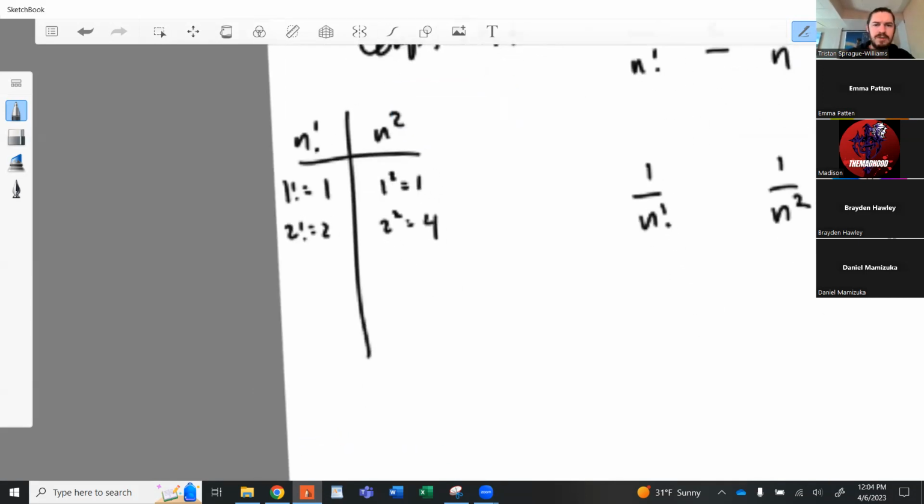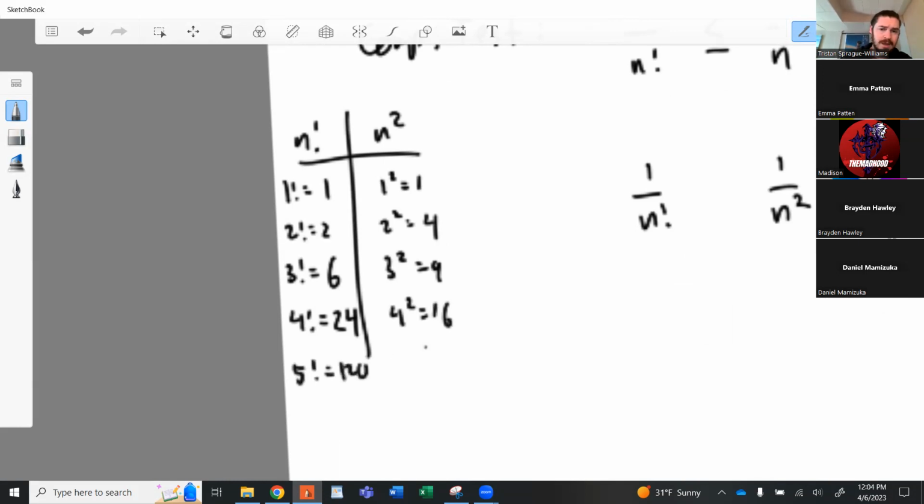So far it's looking like the squaring function might be bigger. 3 factorial is 6 and 3 squared is 9. But then 4 factorial is 24 and 4 squared is 16. 5 factorial is 120. 5 squared is 25.